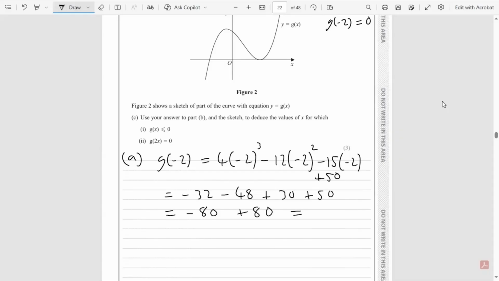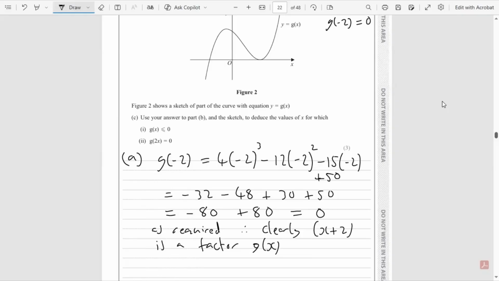So minus 80 plus 80 is 0 as required. So therefore, clearly, x plus 2 is a factor of g of x. So that's how you would answer part A to this question.